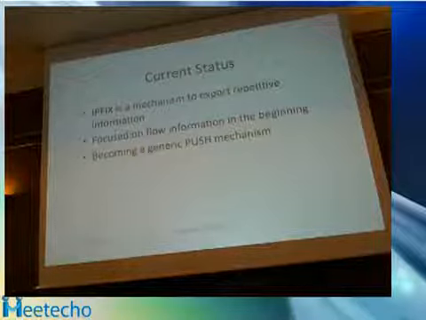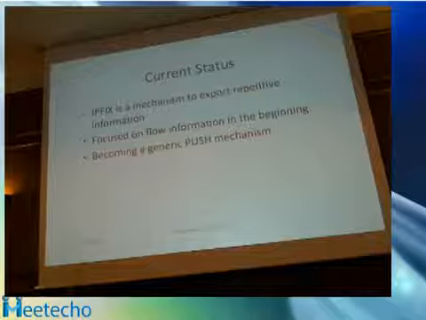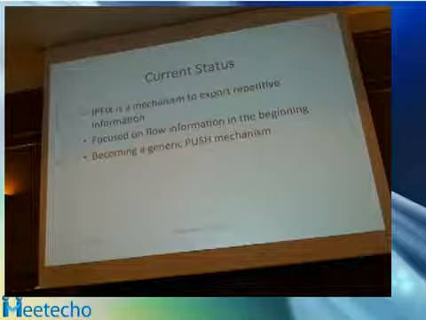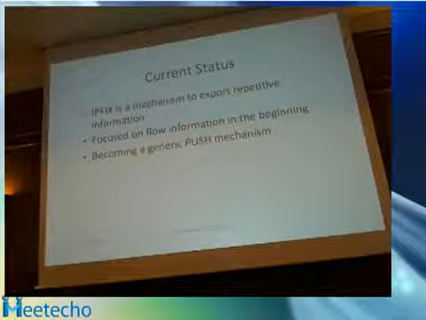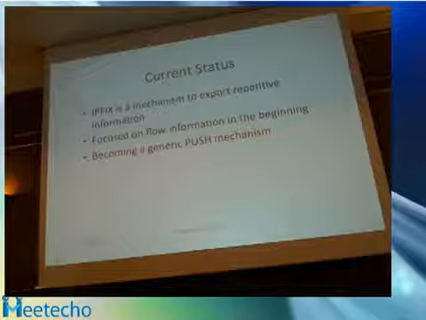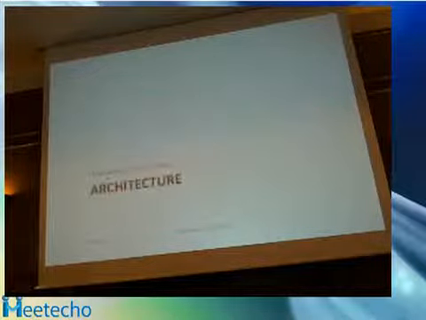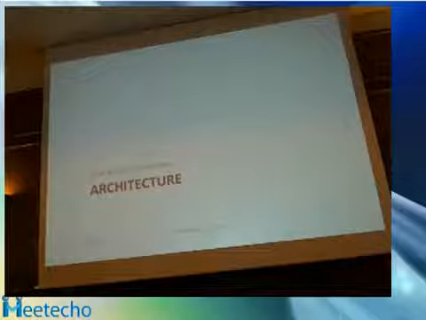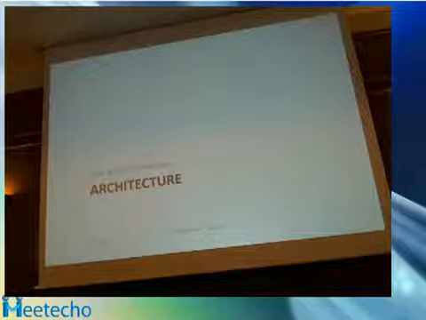However, as we're going to see along the session, this became like a generic push mechanism. And you can export basically what you want. And now Ipfix is applicable whenever you export those same structure all the time. Right? Questions so far? So it's all clear, right?